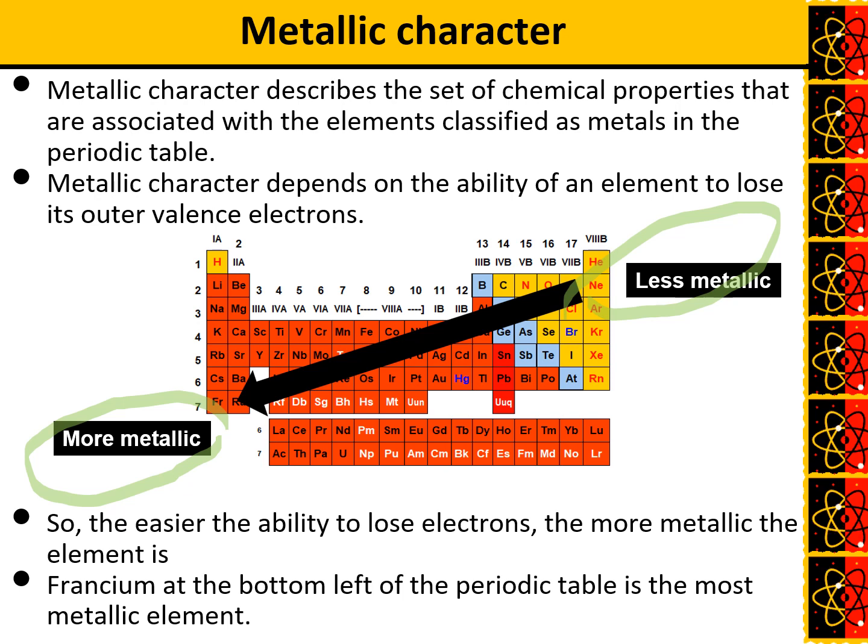This metallic character is associated with the ability of the elements to lose electrons. So that's why metals most of the time form positive ions. That means that they are going to lose electrons in the process of combining with other elements.